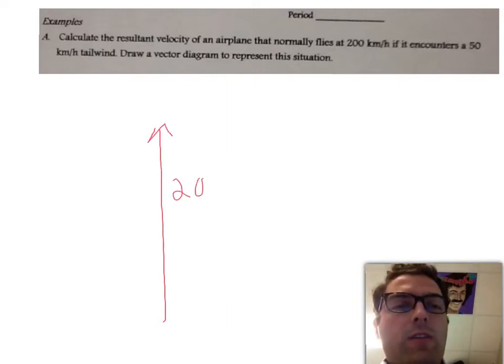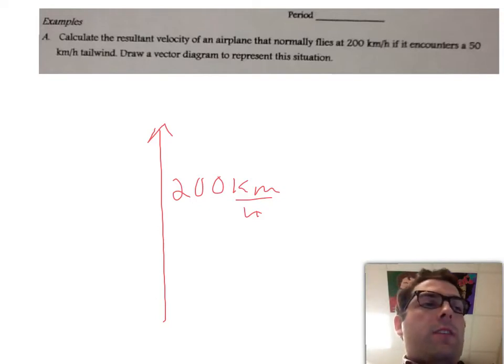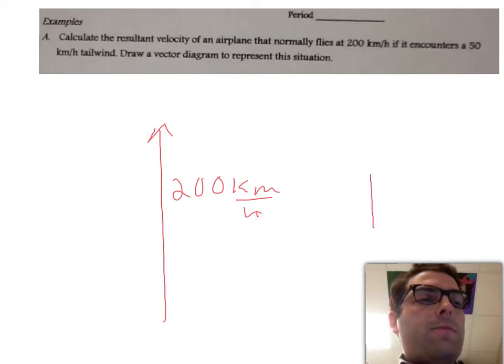So there is 200 kilometers per hour. That's my representation for the actual plane. The tailwind is 50, so I'm going to go ahead and make it 2 centimeters. So now I have a 50 kilometer per hour tailwind.